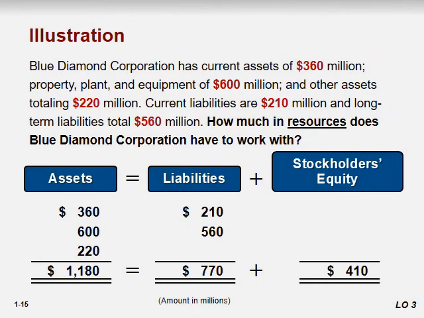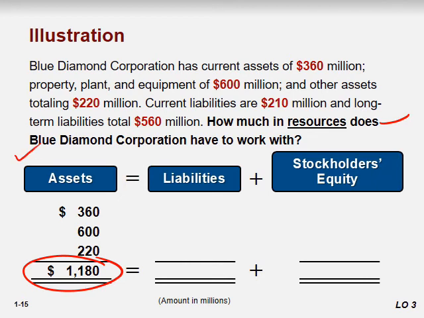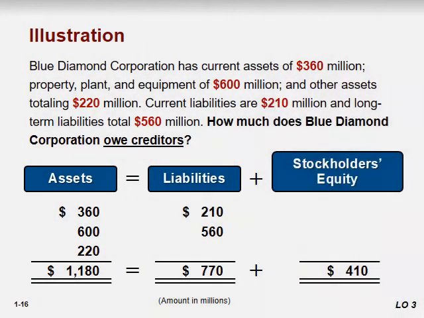Now, how much resources does Blue Diamond Corporation have to work with? The total amount is 1,180, which means assets. The second question is how much Blue Diamond Corporation owes the creditors, which means outsider claims.